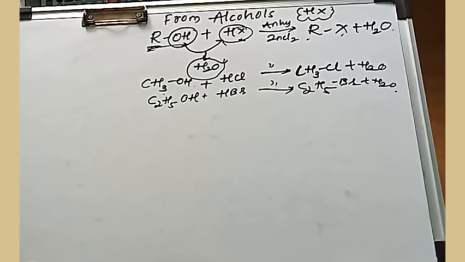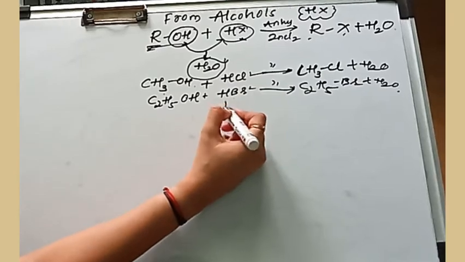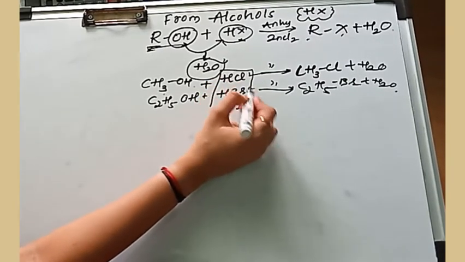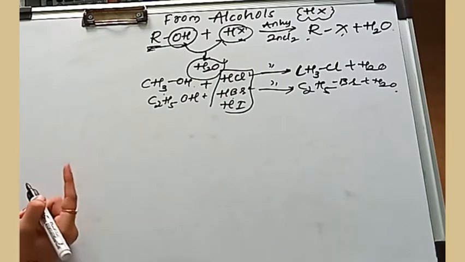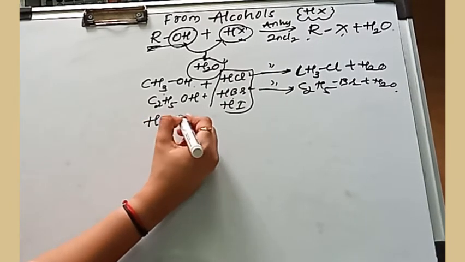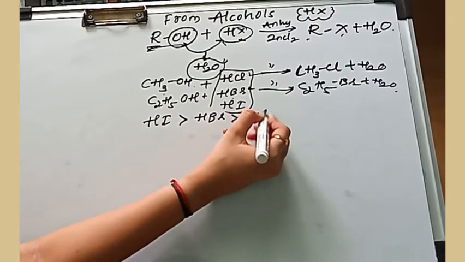Okay, next thing you have to remember is, I have used here HCl and HBr. You can also use HI here. So the reactivity order if I use a different halogen acid will be, HI is more reactive than HBr, which is more reactive than HCl.